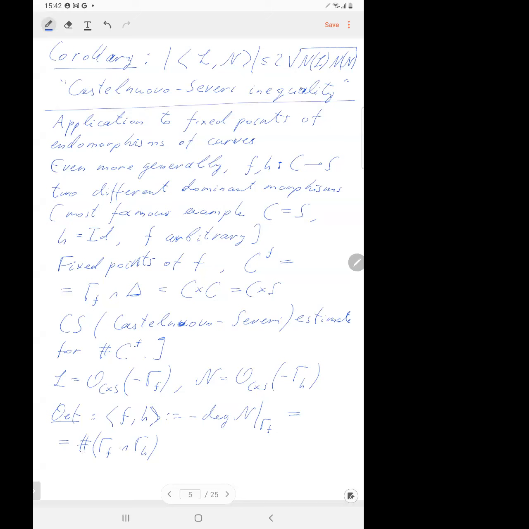So this is literally so if the intersections are transverse, but in general this is only morally so, and more rigorously, it is really the dimension over our base field of the global sections of some skyscraper sheaf, namely the structure sheaf modulo the ideal sheaf of the first graph plus the ideal sheaf of the second graph.